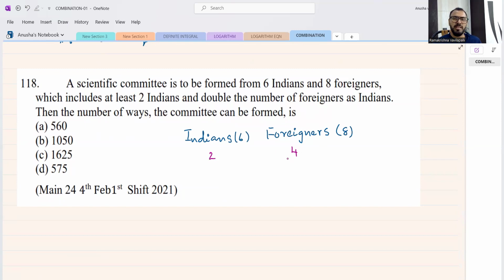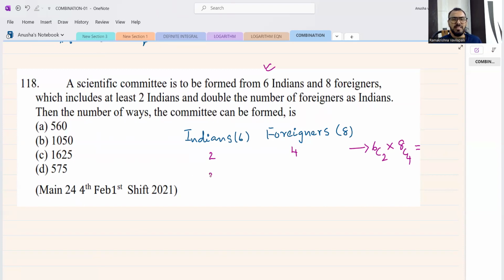Which means that select 2 Indians from 6 Indians, that is 6C2, into 8C4, because you have to select 4 foreigners from 8 foreigners. I will calculate it later on.